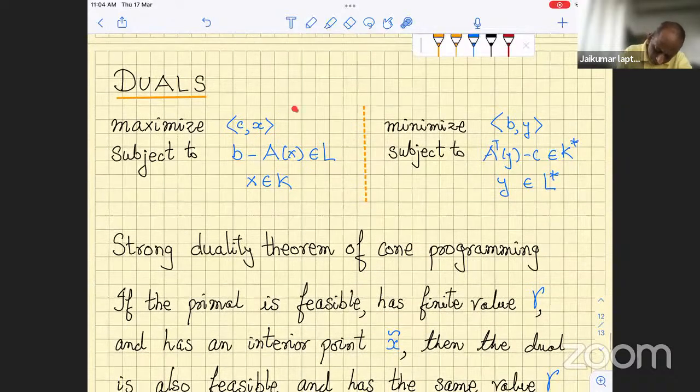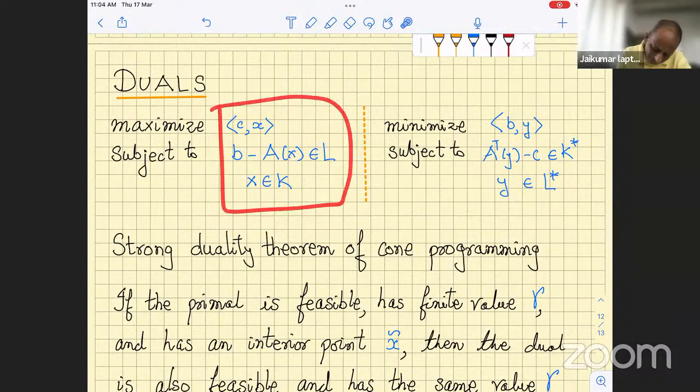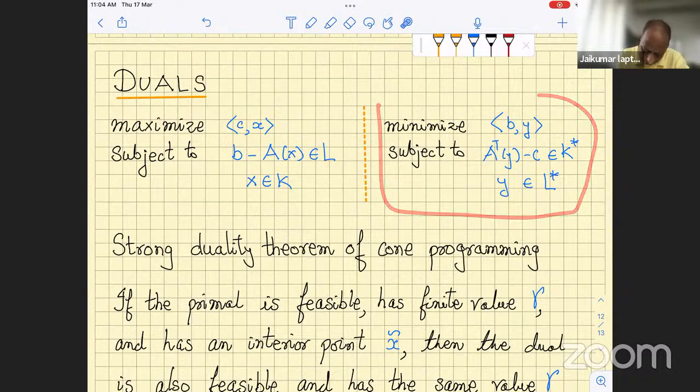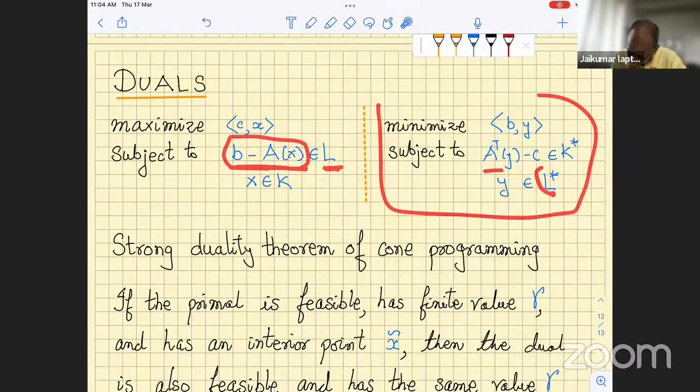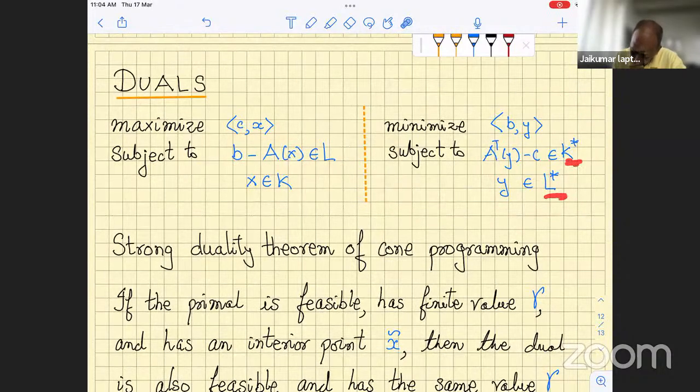So there is a way of generating duals for cone programs, which is a recipe. If you think about it, this is what you would come up with, because we write our cones, our constraints in this funny way. We have to write the duals here, and the dual cones show up in the dual of the cone program.